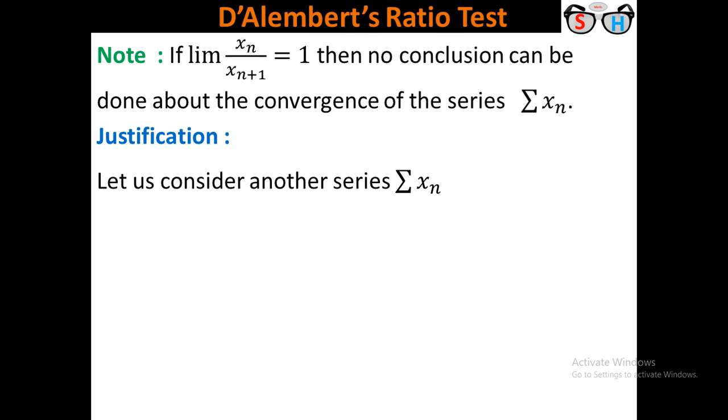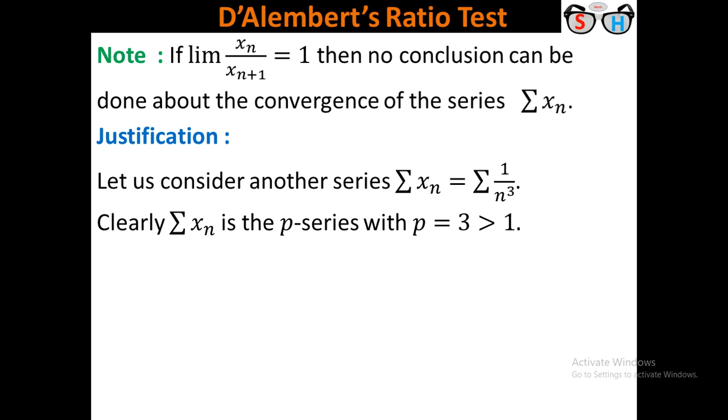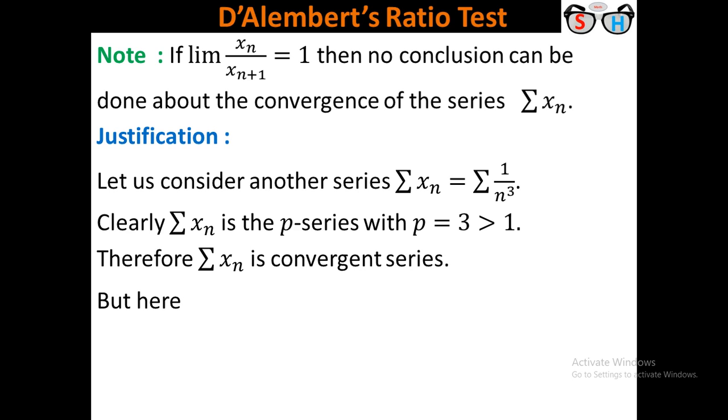Let us consider another series, summation xn equal to 1 upon n cube. Clearly, summation 1 upon n cube is a p series with p equal to 3, which is greater than 1. You know that the p series is convergent only for p greater than 1. So here the series summation xn is a convergent series. But if you calculate the limit of xn upon xn plus 1, this is 1 by n cube divided by 1 by n plus 1 whole cube.